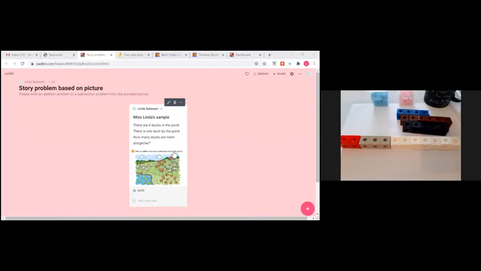And here's the picture that I introduced you. And here's a sample that I have written. There are 6 ducks in the pond. There is 1 duck by the pond. How many ducks are there all together? This is an addition problem, right? So feel free to look at this picture and where your mind takes you, show that to us. Show your creativity to us.